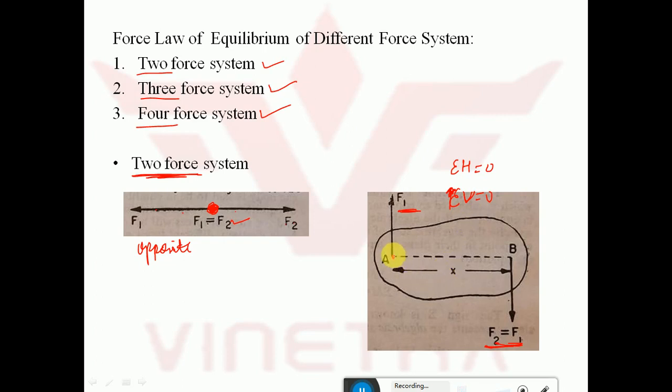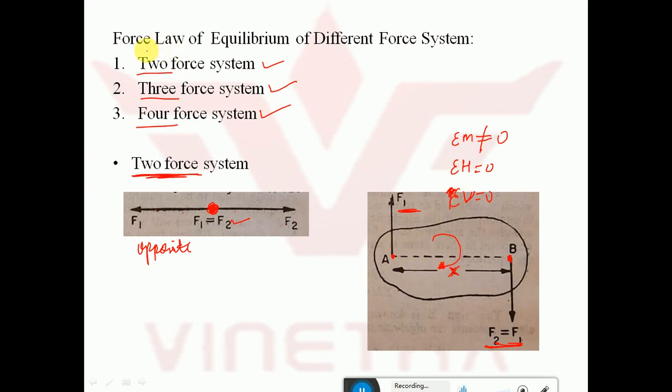But see here, these two forces are acting at a distance apart by x. So these two will produce a couple, that is, the body will start to rotate, it will have some movement. The summation of M is not equal to 0, so this is not in equilibrium.